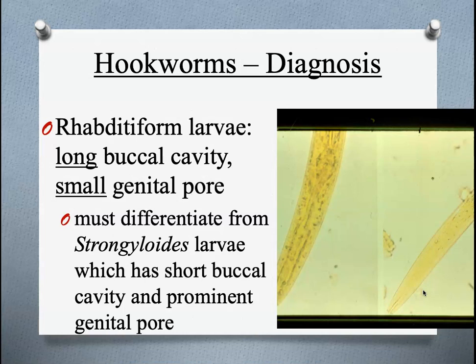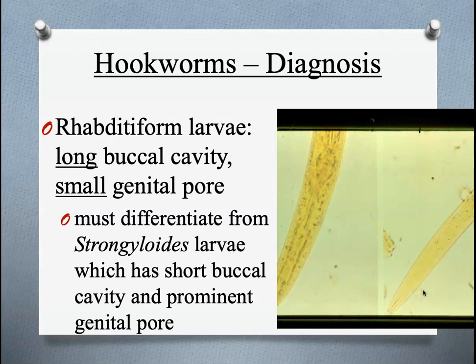A genital primordium is a clump of cells. It's like a precursor structure to their reproductive system. The rhabditiform larvae of hookworm have the opposite of those two things. They have long buccal cavities and small or maybe not even visible genital primordiums.